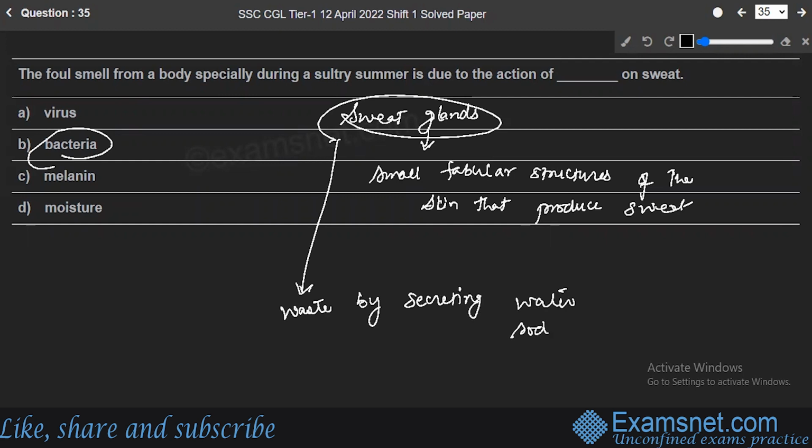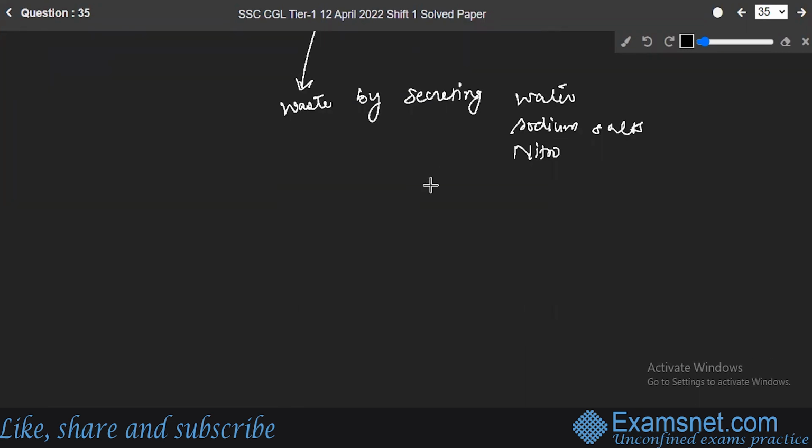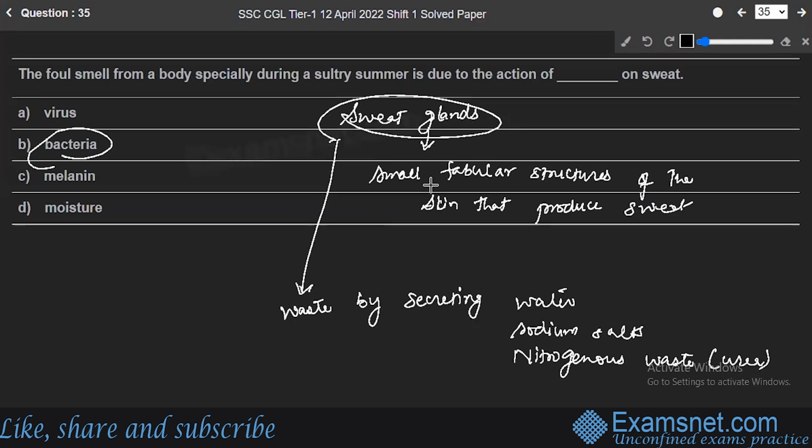Water, sodium salts, nitrogenous waste such as urea onto the skin surface. So the foul smell, which you often feel, is due to the action of bacteria on that sweat. So option B is the answer to the question. Hope you understood. Then let's move to the next question.